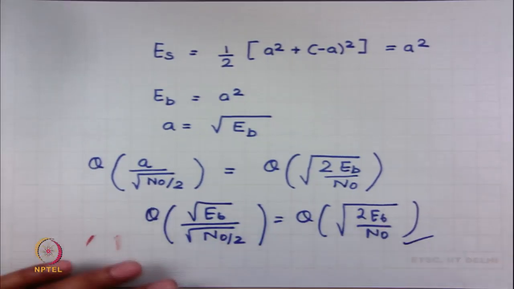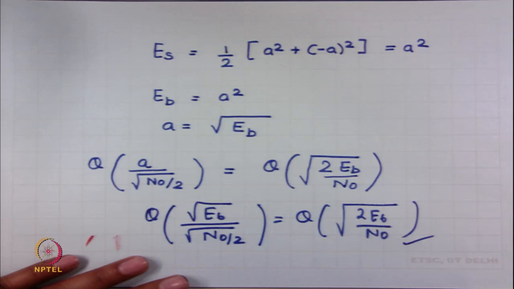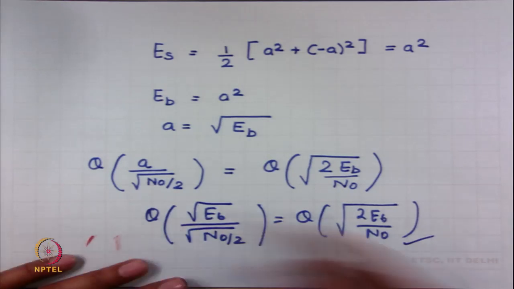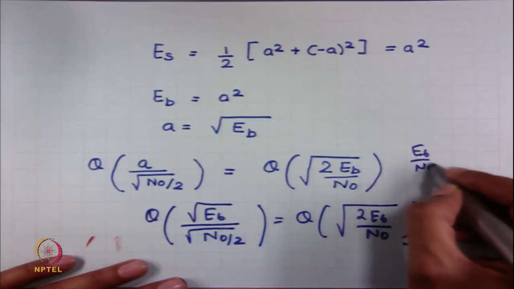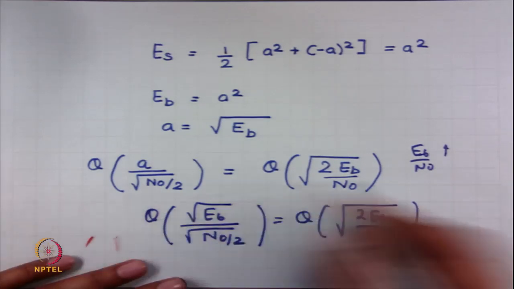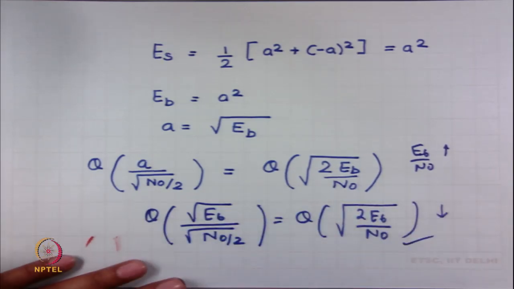This is also a very useful formula. It gives us the bit error rate performance of binary antipodal signaling as a function of E b by N naught. As E b by N naught increases, this function decreases and hence the bit error rate decreases, and this is expected. If we are spending more energy per symbol or per bit, the distance between the symbols will increase, and as the distance between symbols increases, we hope that the probability of error will decrease, and that is what happens.